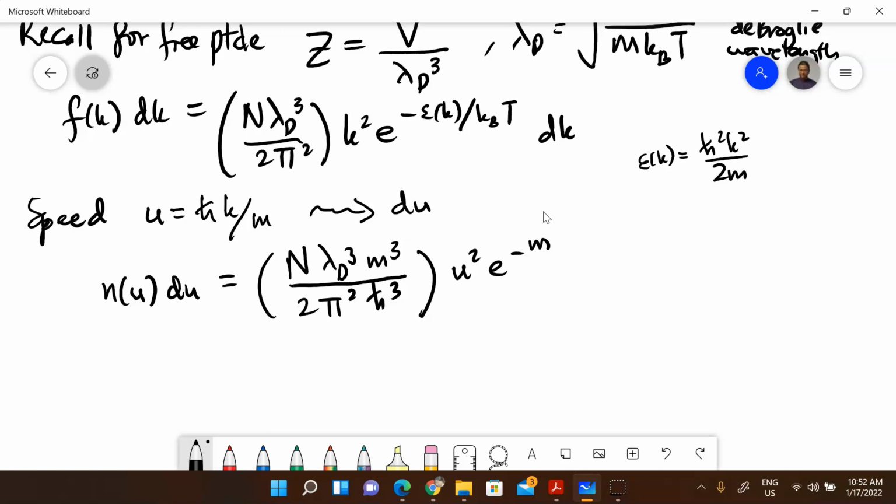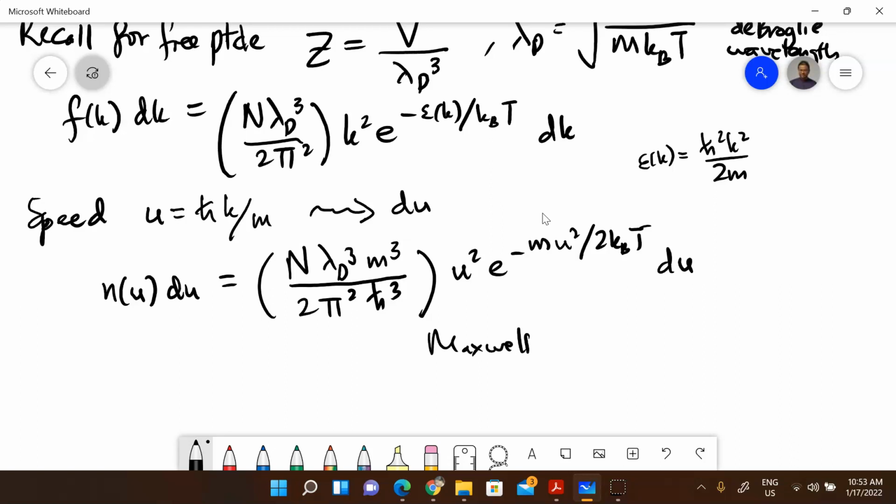So over here, then it becomes e to the minus m u squared over 2 k_B T, and then you have the differential du.